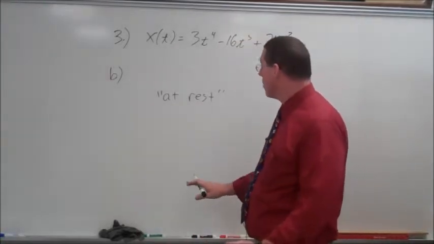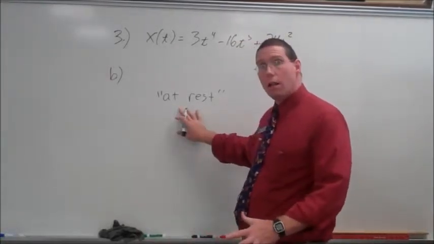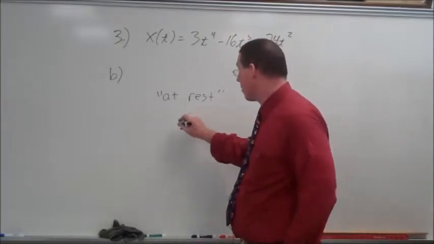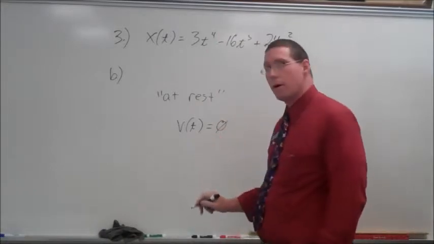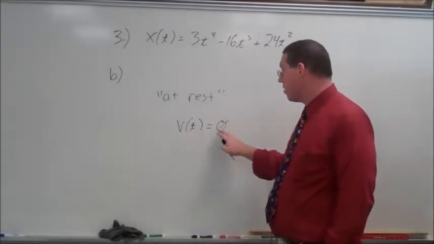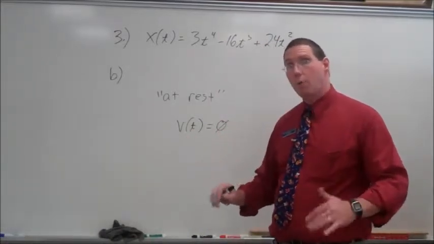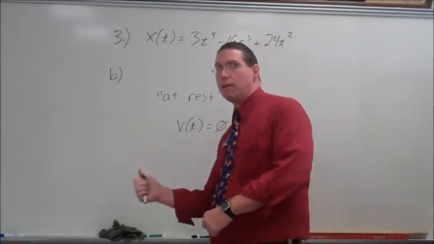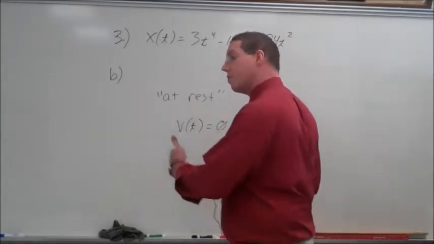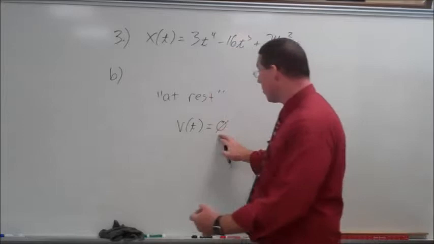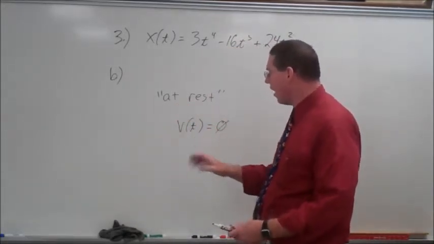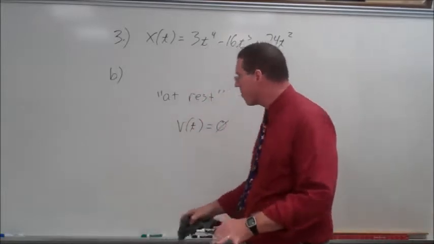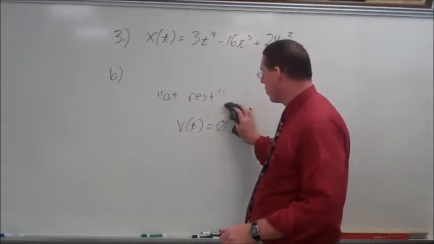And not moving at all means that the velocity of the object is equal to 0. When velocity is positive, it's moving to the right. When it's negative, it's moving to the left. And when it's 0, it's not moving at all. It's at rest. So we want to identify all times when velocity is equal to 0.